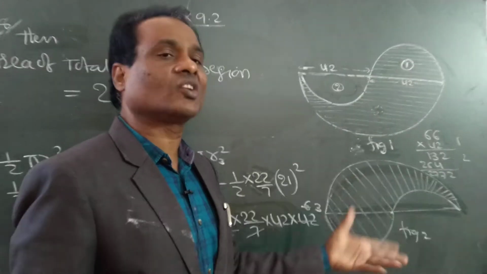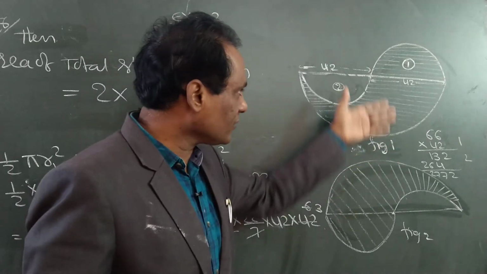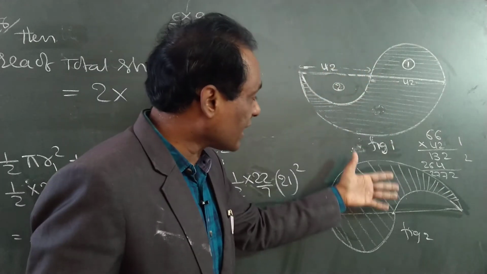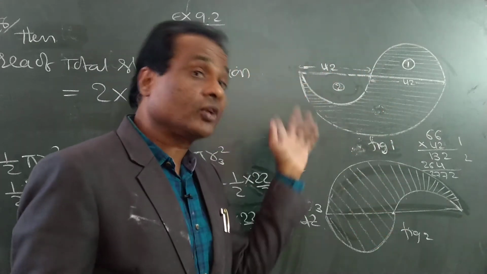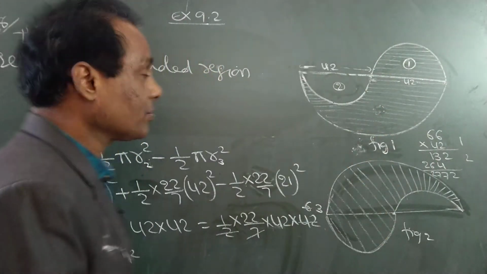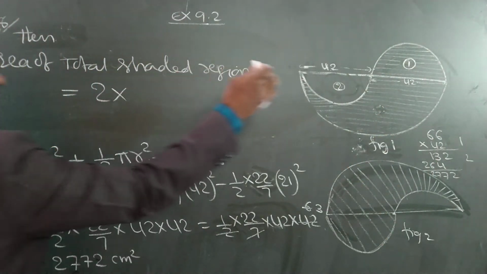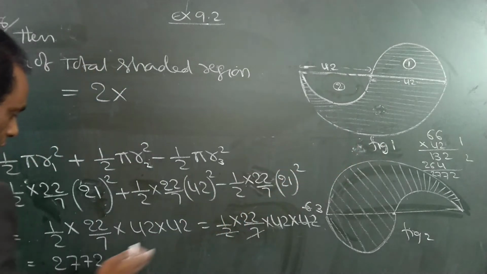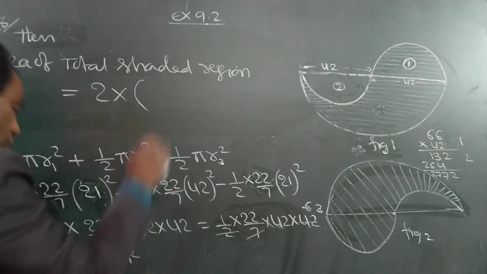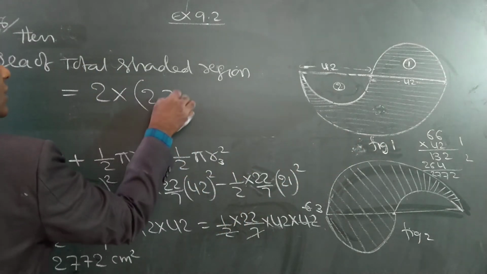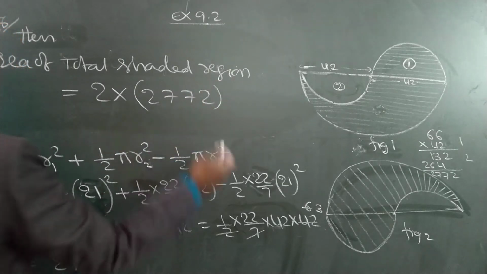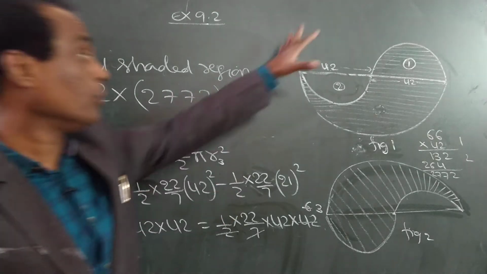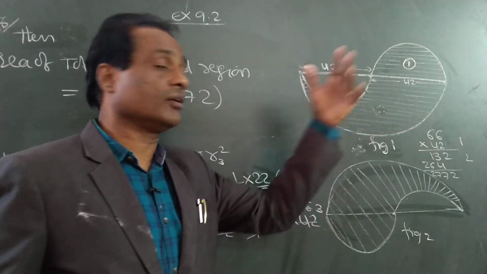So 10 plus 10, 20. That means multiply this area with 2. If this area is 10, the total will be 2 into 10, so total 20. That means this area we calculated, we got this much. So multiply with 2, 2772.